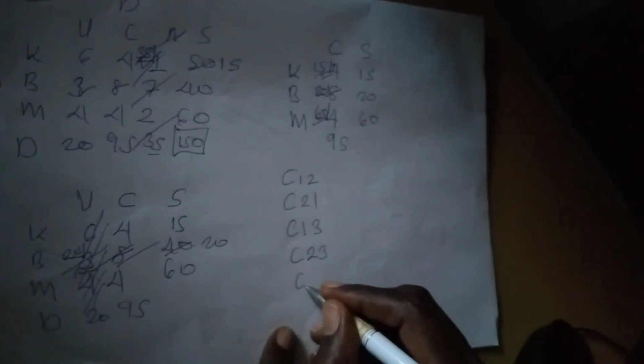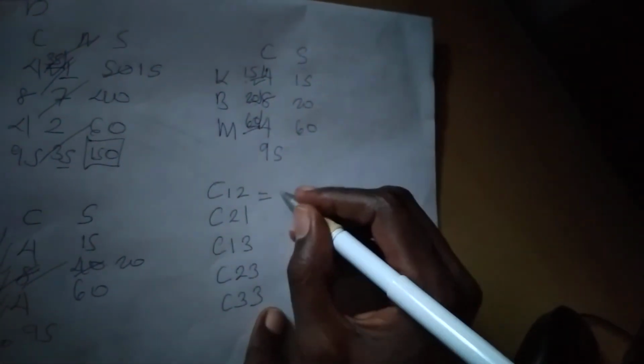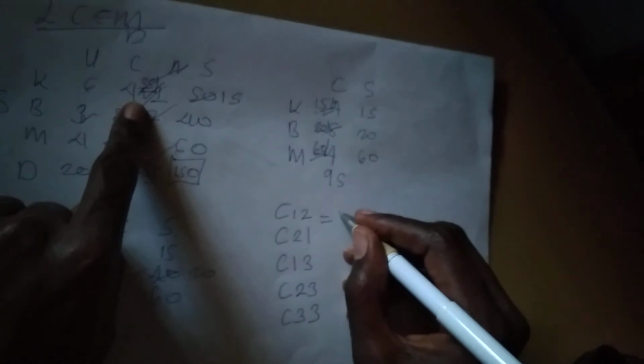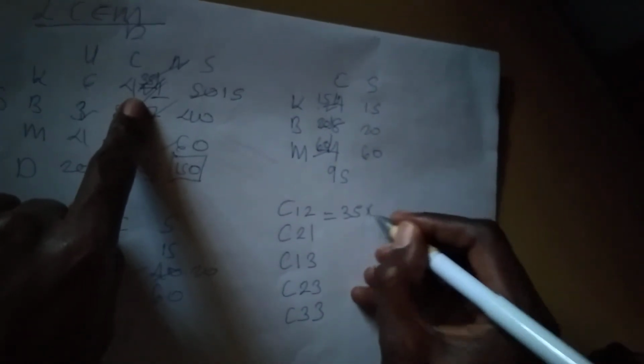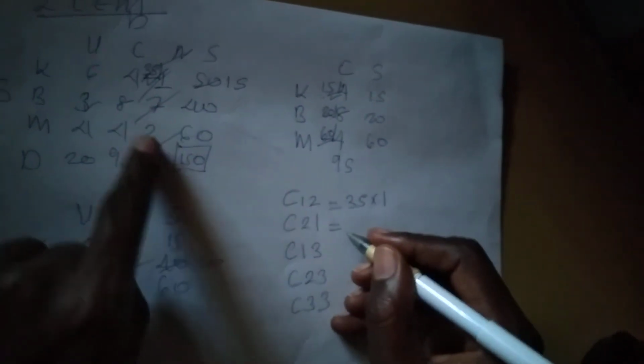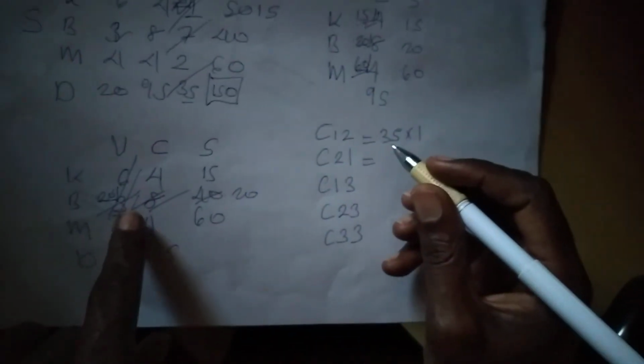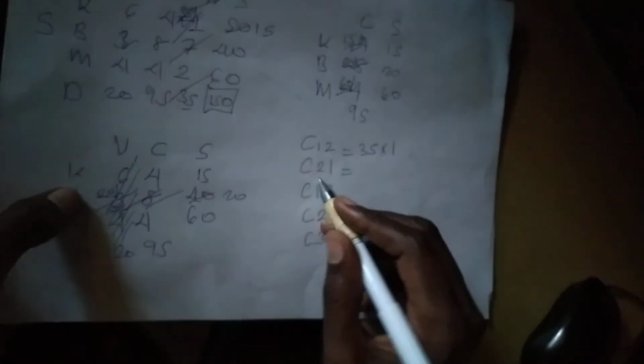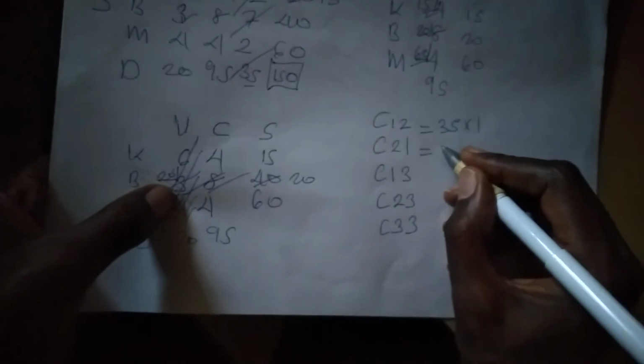Another cell which has been occupied is C13, C23, then C33. What are the values? The value for C11 is 35 times 1. The value for C21 is 20 times 3.